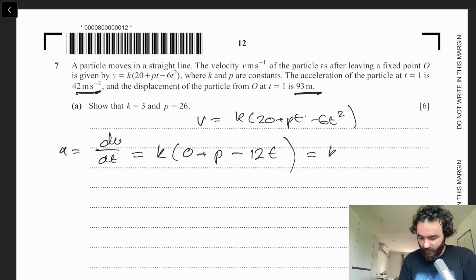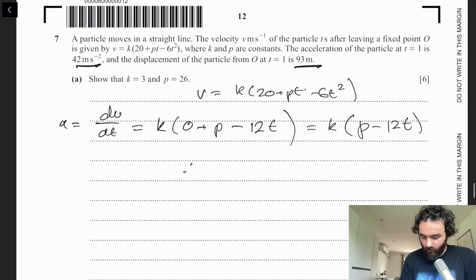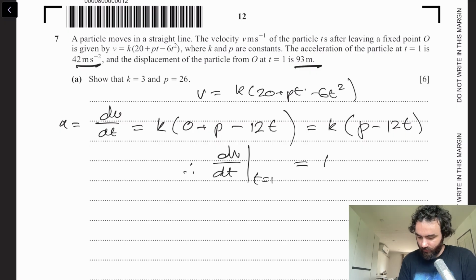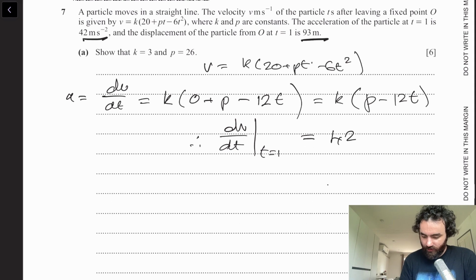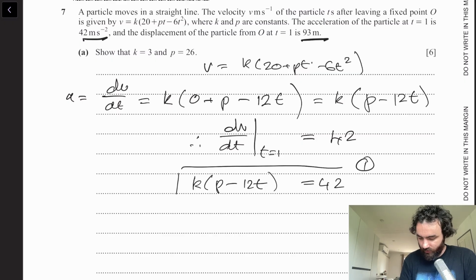So this thing equals k of p minus 12t. Okay, so dv by dt at the point t equals 1 is equal to 42 meters per second squared. Therefore we get an equation, k of p minus 12t equals 42. So this is our first equation, which will be important.